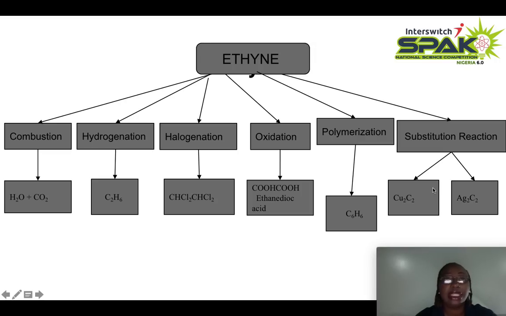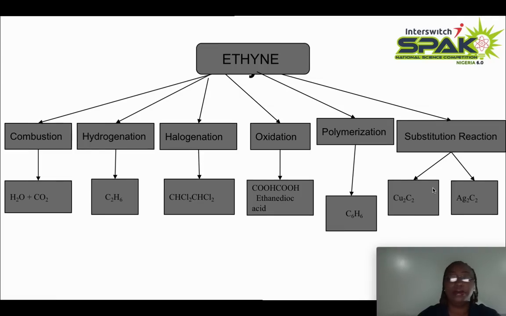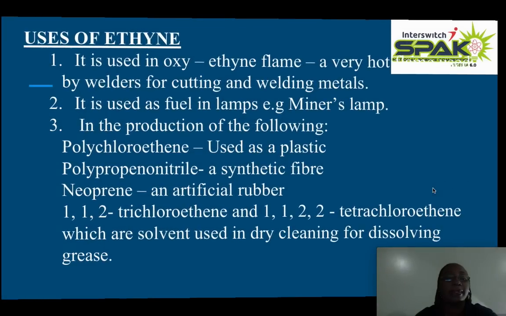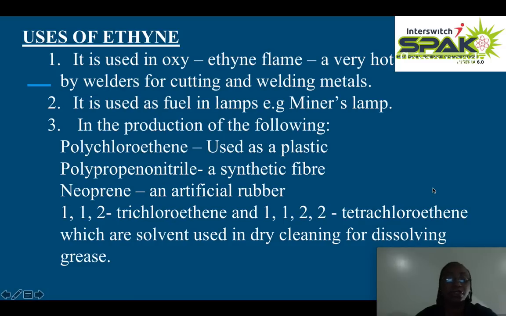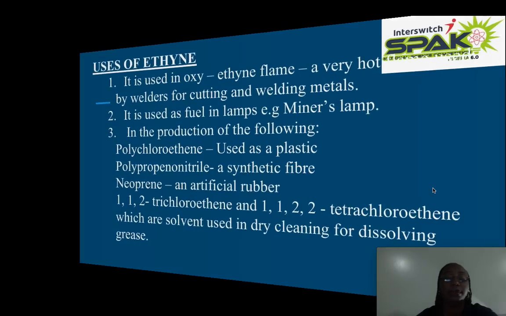But ethyne undergoes both addition and substitution reactions. Uses of ethyne: it is used in the oxyacetylene flame, a very hot flame used by welders for cutting and welding metals, used as fuel in lamps, used in the production of polychloroethene, a plastic, also in neoprene and artificial rubber, and so on and so forth.